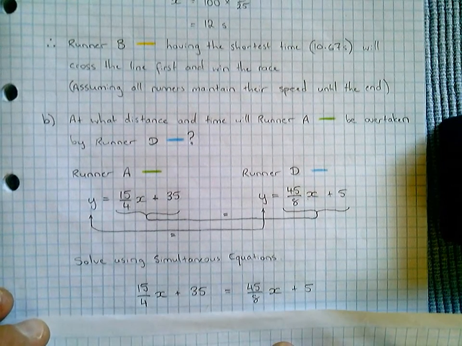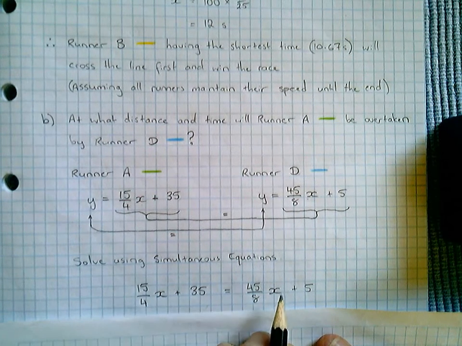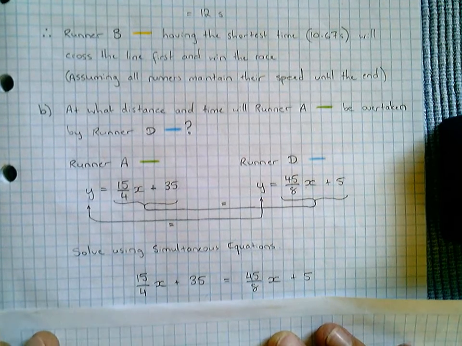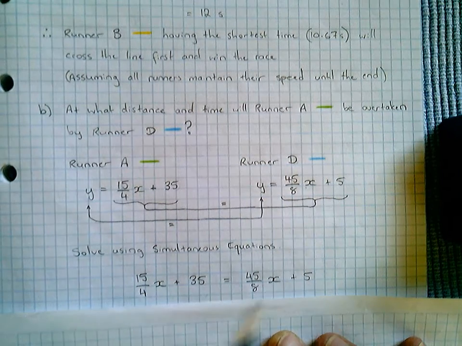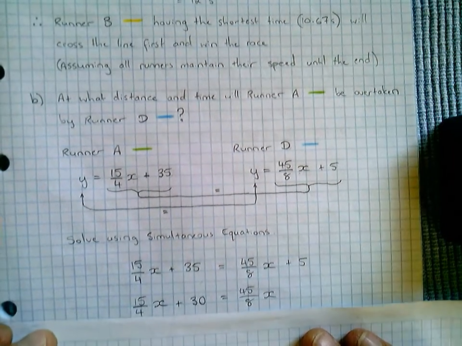And what I've done there is let both equations for runner A and D equal each other. Here's runner A, here's runner D. It's then just an algebraic manipulation and moving things left and right of the equal sign to isolate your x value, which is what I've gone about doing.